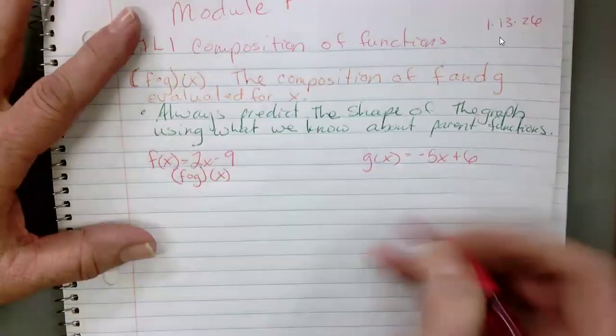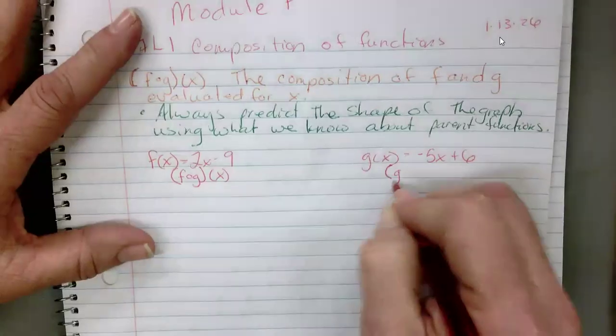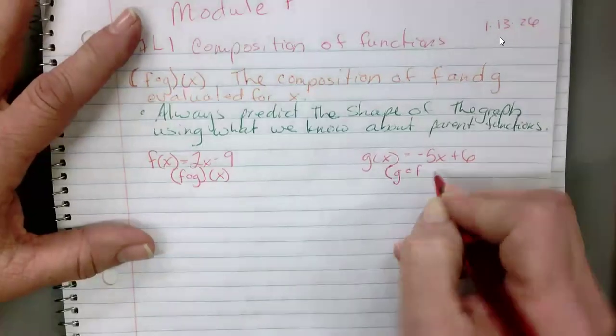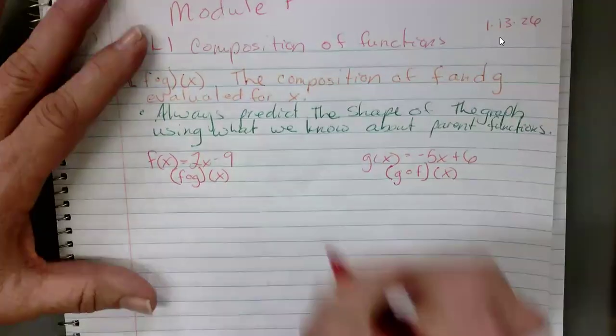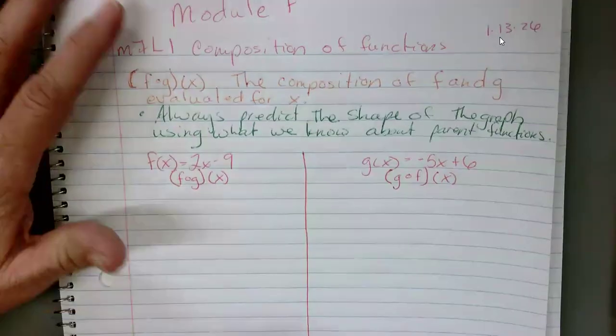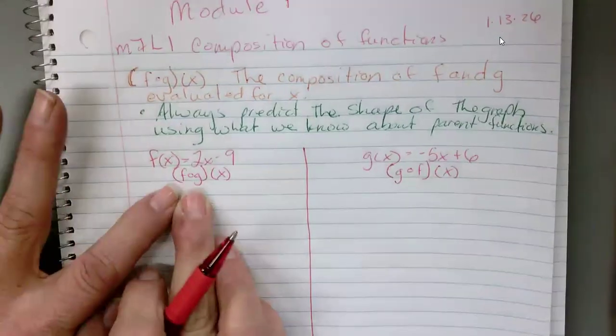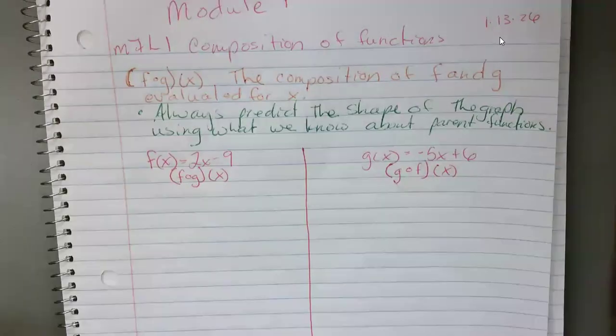And then when you're finished with that, we would like you to give us the composition of g and f, again, evaluated for x. So I'm going to divide my whole paper in half so that I can do this composition on the left and this composition on the right.